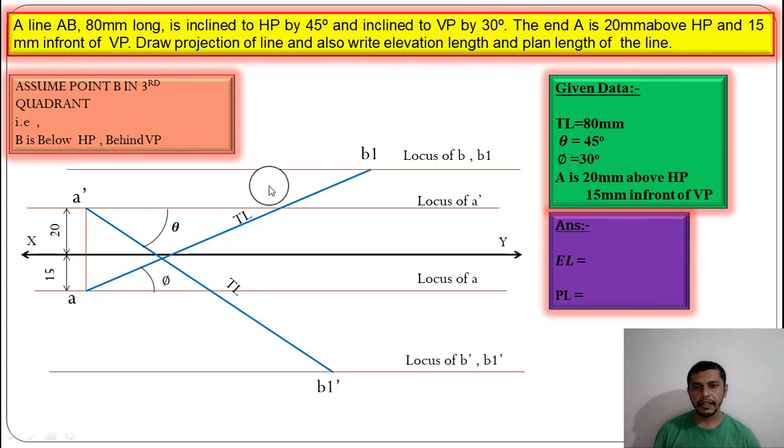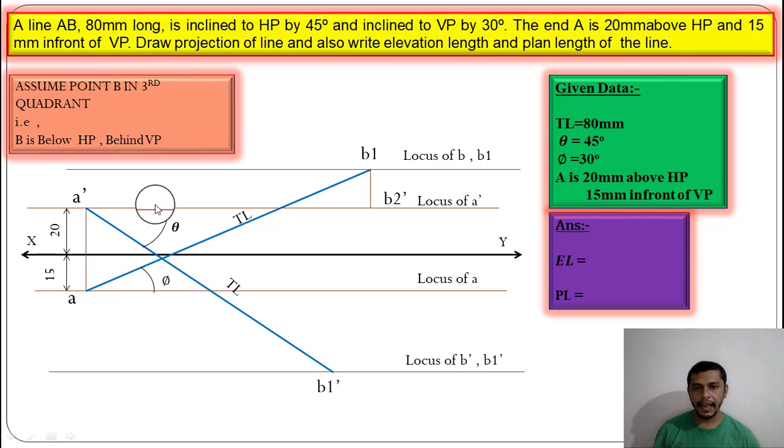Now we have the true length, and if we want to find the plan and elevation of the line, we have to draw a straight line from B1 to the locus of A dash. The intersection of this projector and the locus of A dash is the point B2 dash.